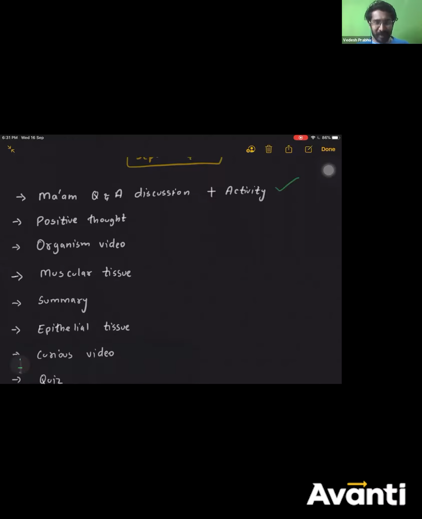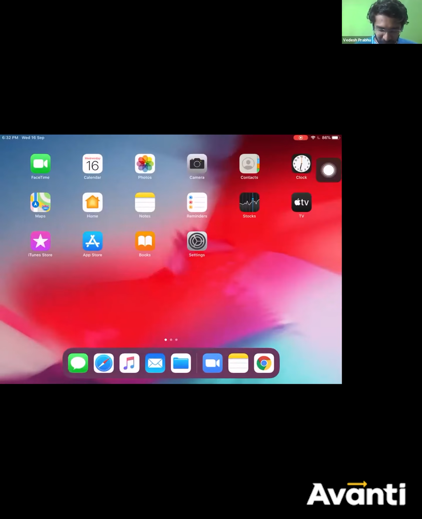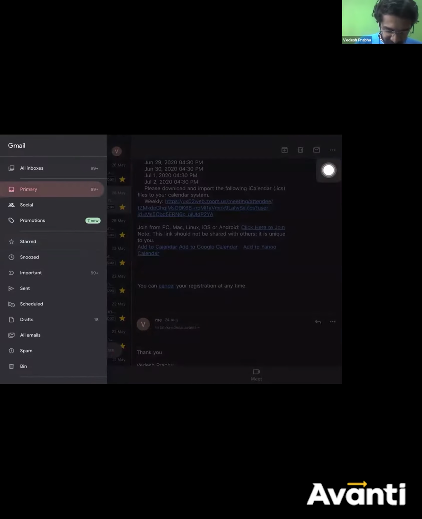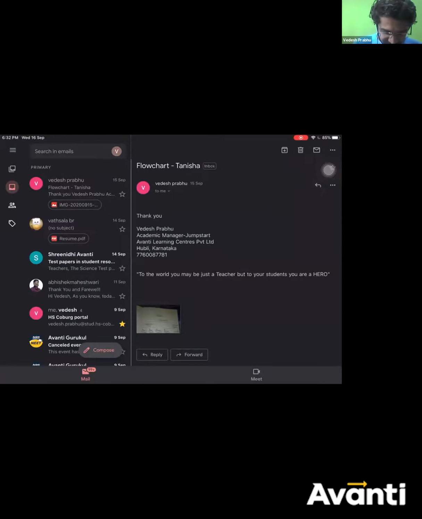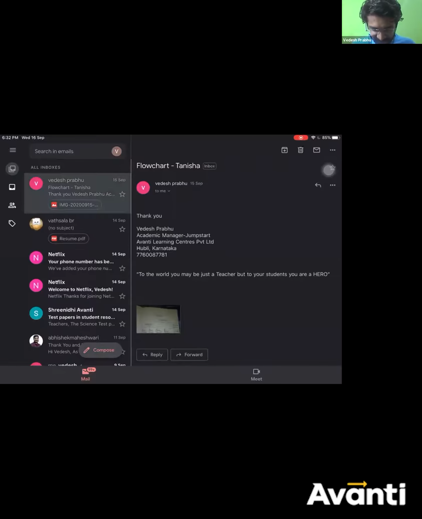Apart from this, today's special appreciation goes to Samruddhi, Shravana and Pranamya. They sent their flow charts, amazing, beautiful flow charts, which I have to share with all of you. So here is the flow chart. This is yesterday's flow chart.